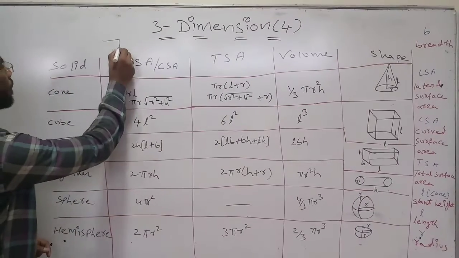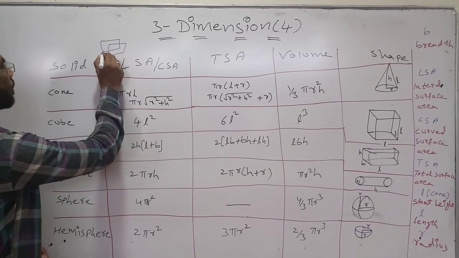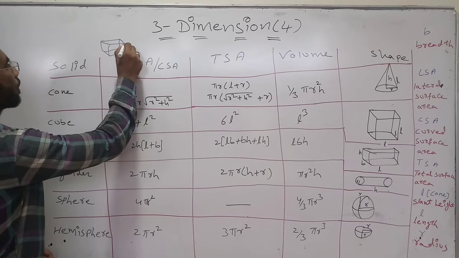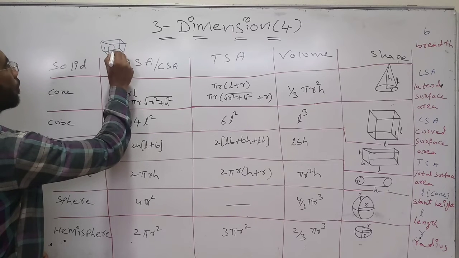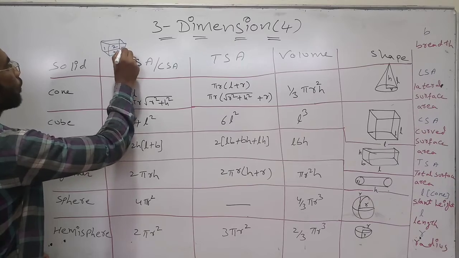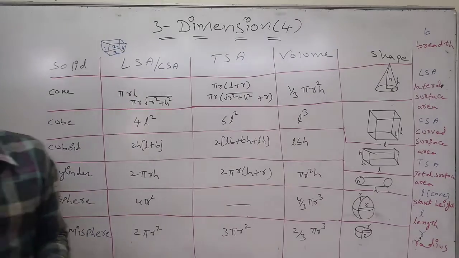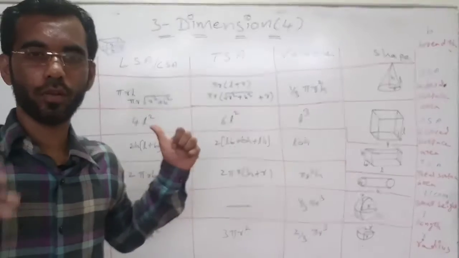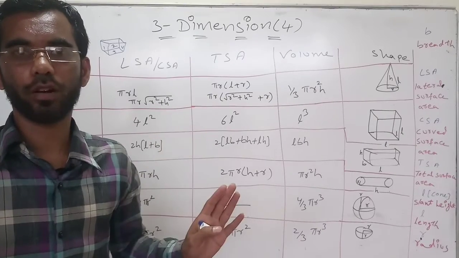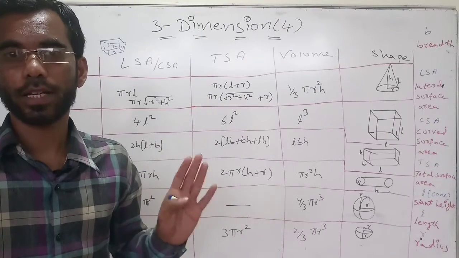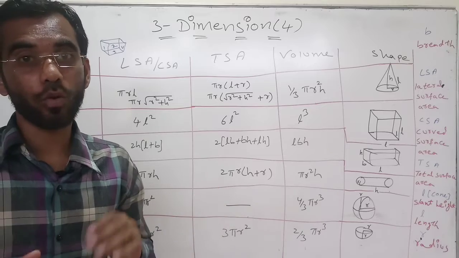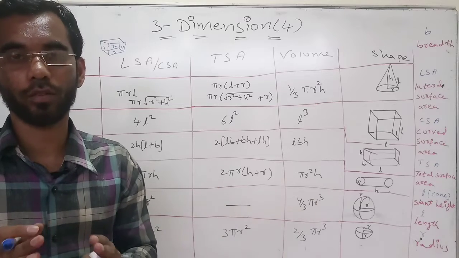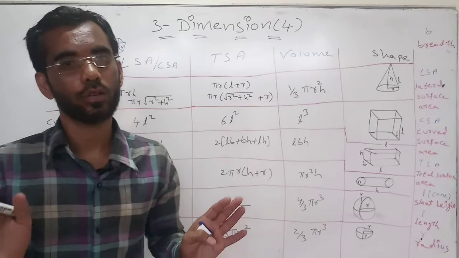See, in this figure, if you take 1, 2, 3 and 4, that is 1 wall, 2 wall, 3 wall and 4 walls, those walls are called lateral surface area. If you take the roof and the floor also with the walls, it is called total surface area.